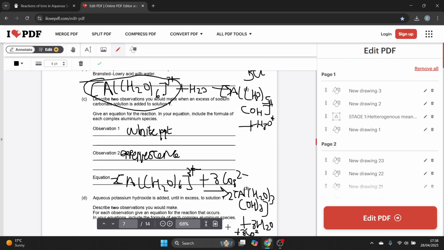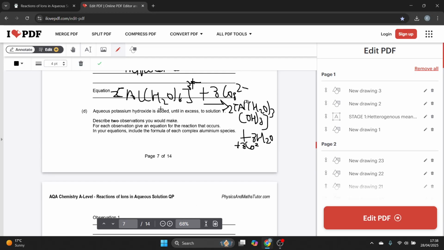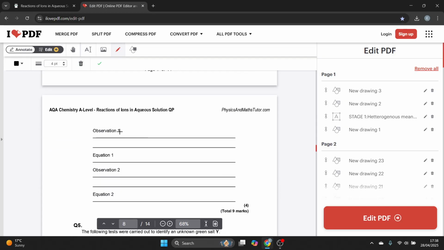Perfect. And then aqueous potassium hydroxide added to solution Y. So what is this? Well, that is hydroxide ions. So two observations when hydroxide ions are added to Al(H2O)6 3+, until in excess. So in excess, are you going to get a white precipitate? Okay, it gives me that.